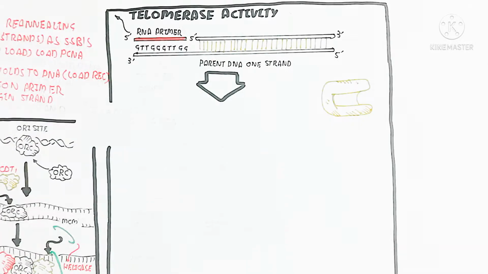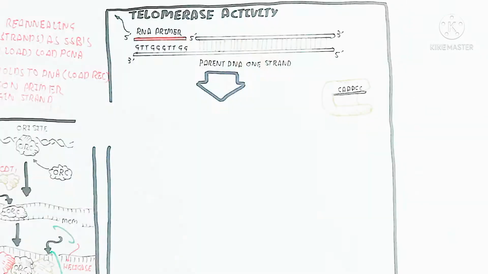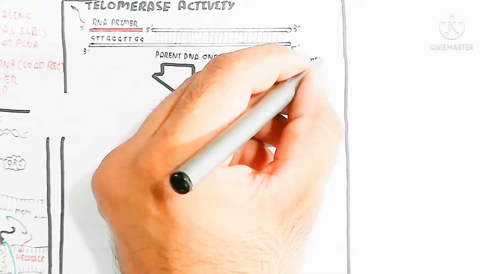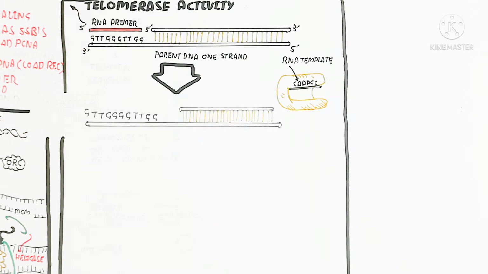So here the RNA template is present in the telomerase enzyme. The telomerase is made up of ribonucleic acid, containing an RNA template, which is used for the specific site where the binding is reliable.